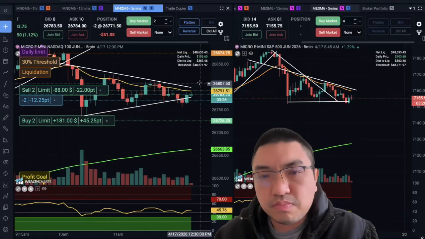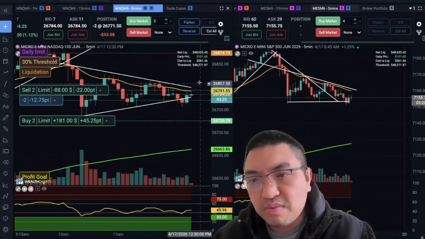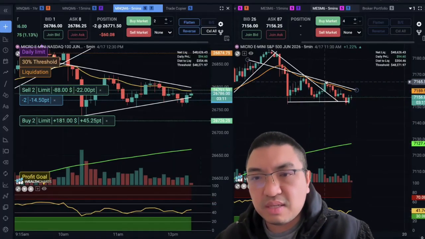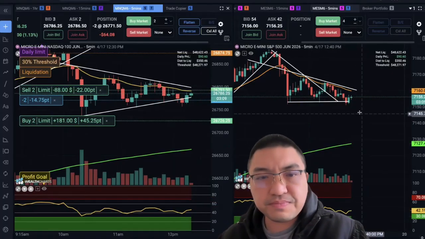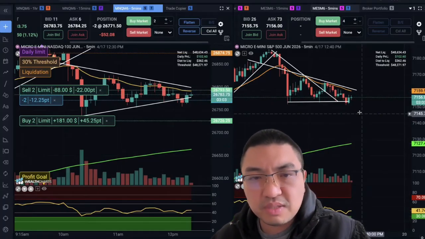It's very difficult to tell because ES is just sideways, and there's no sign it's going to break up to the upside because it keeps going down. And EMA 21 is still performing defense.